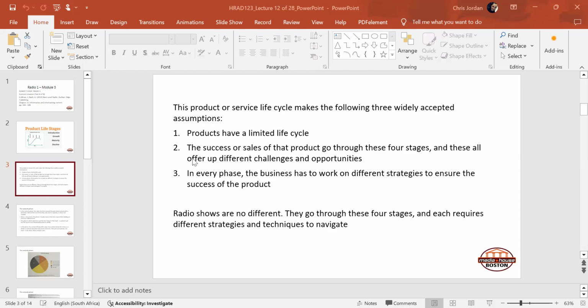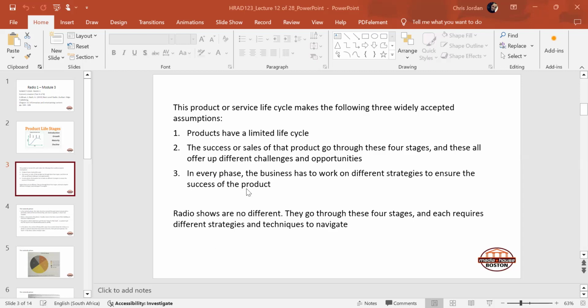So we want to make sure that at any one stage, we're optimizing the situation wherever that particular show currently is, and making sure that we're not losing the battle to these challenges, but rather optimizing the opportunities. In every phase, the business has to work on different stages to ensure the success of the product, as I've just said.